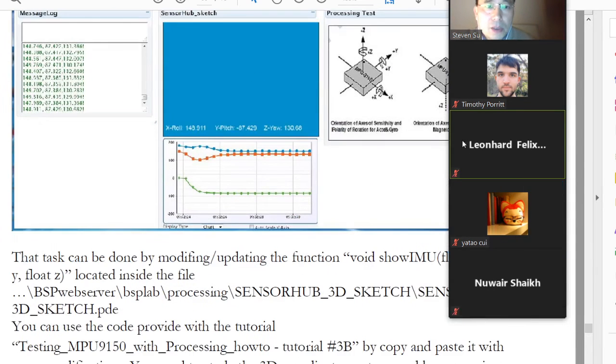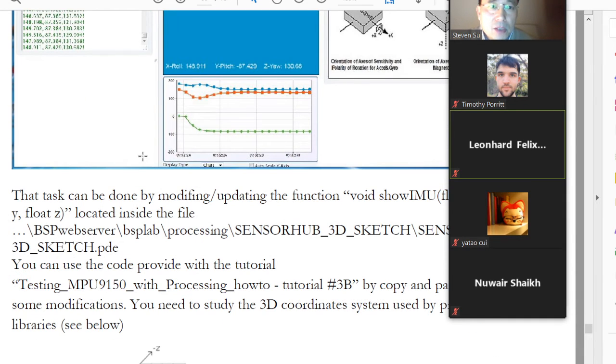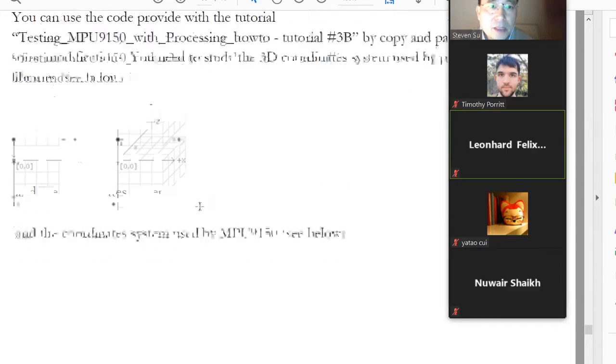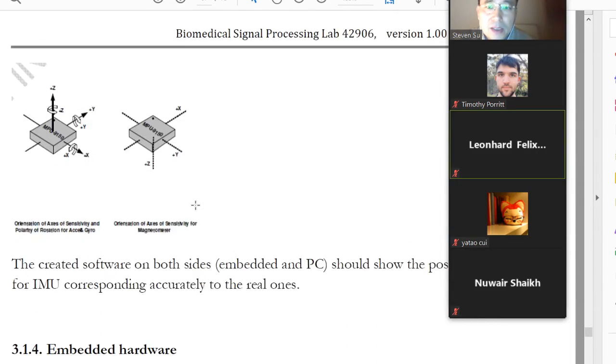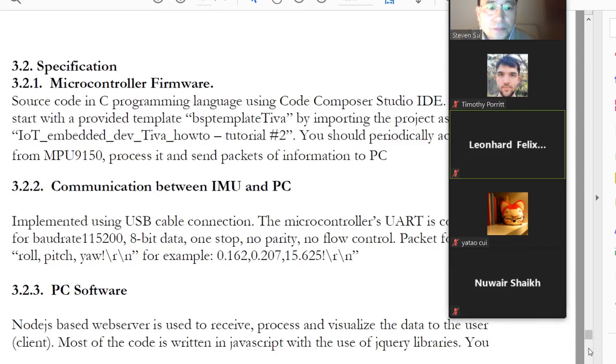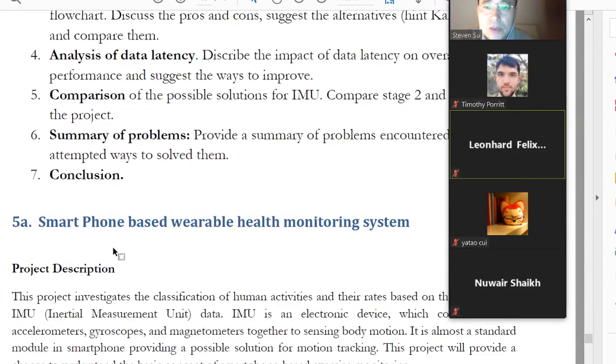So this is the original project, which is microcontroller based. Some microcontrollers include an accelerometer, but we use a smartphone-based wearable health monitoring system.